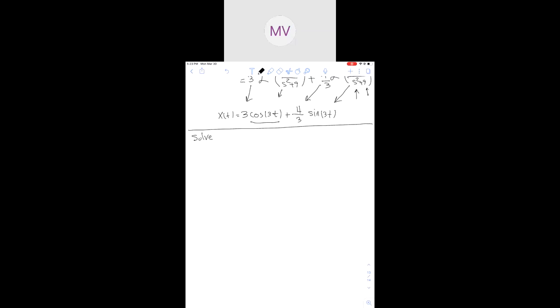Solve the linear system x prime equals 2x plus y, y prime equals 6x plus 3y.